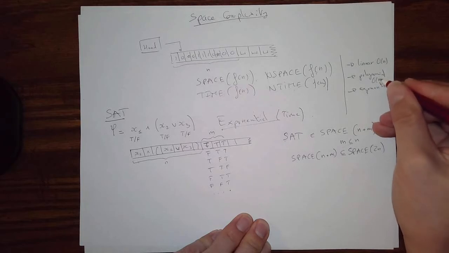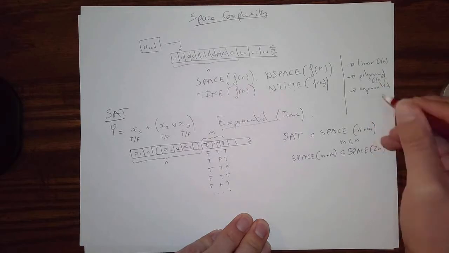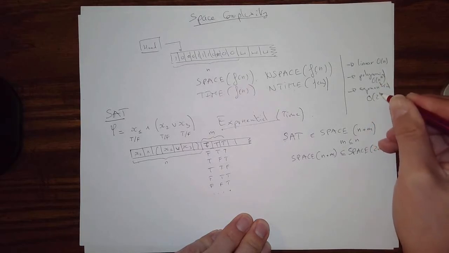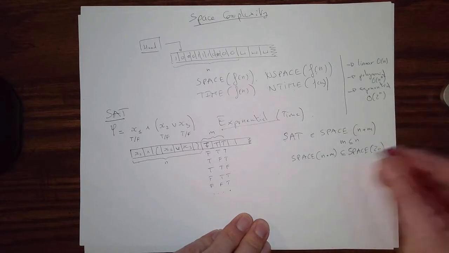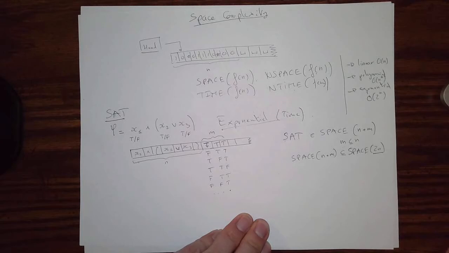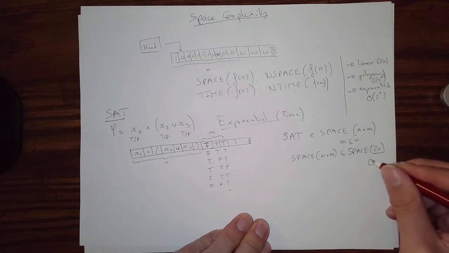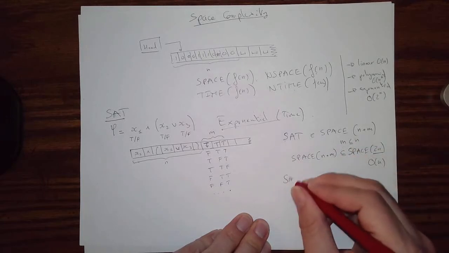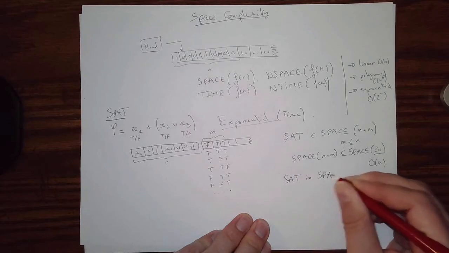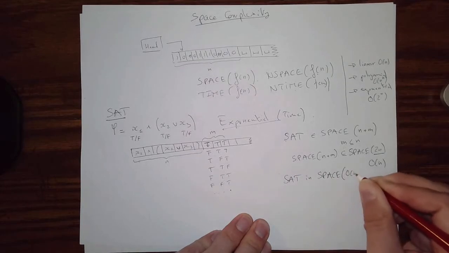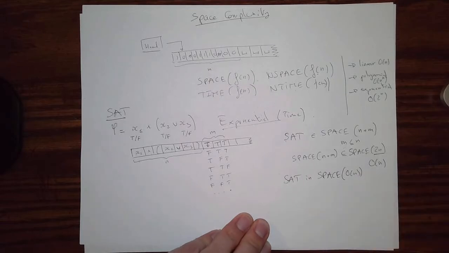Polynomial is going to be O of n to the power of k, and exponential O of 2 to the power of n. So here, basically, 2n is O of n. So we're saying that SAT is in space O of n. So SAT is in linear space.